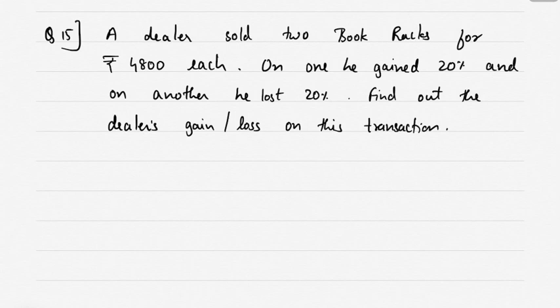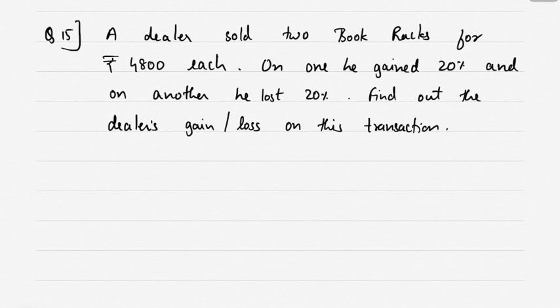A dealer sold 2 book racks for rupees 4,800 each. On one he gained 20% and on another he lost 20%. Find out the dealer's gain or loss on his transaction. Okay. A dealer sold 2 book racks for rupees 4,800.